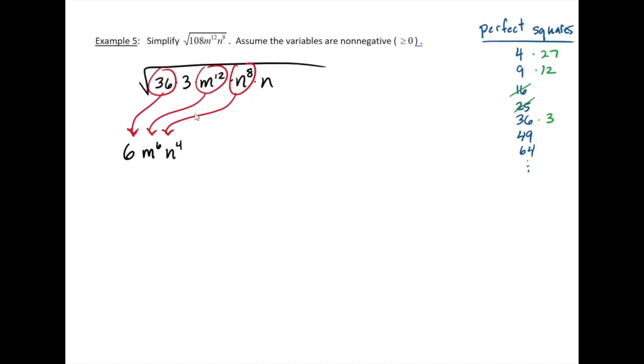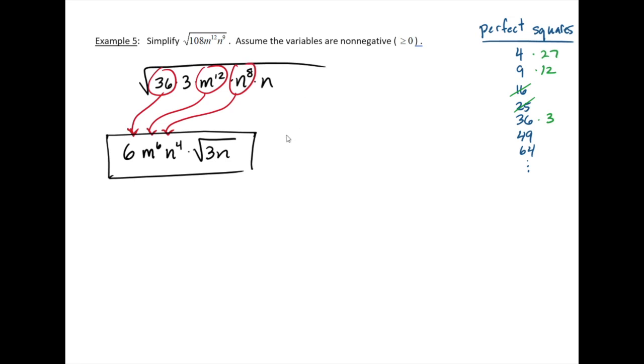And then we have the square root of 3 times n, the two factors left on the inside. So here we've pulled out all of the perfect square factors from the original expression. And that's what it means to simplify a square root expression.